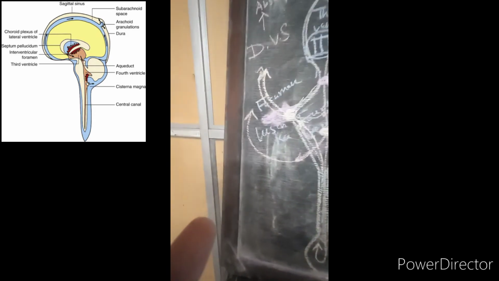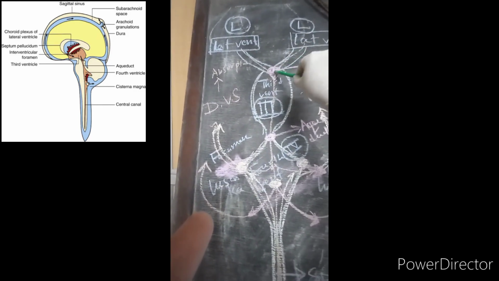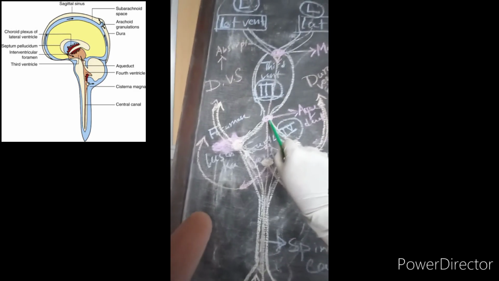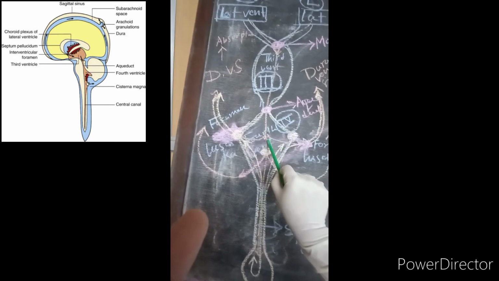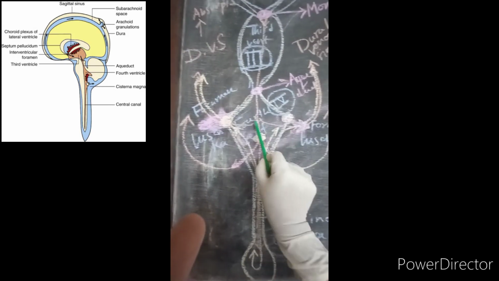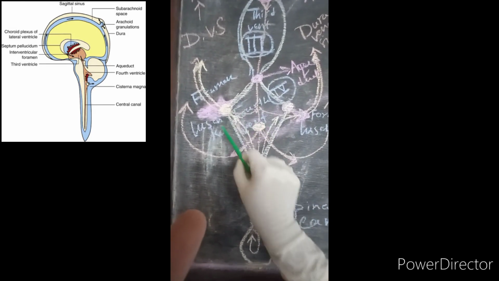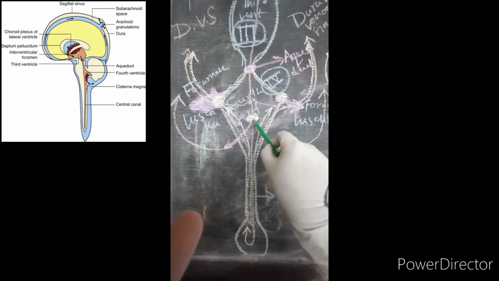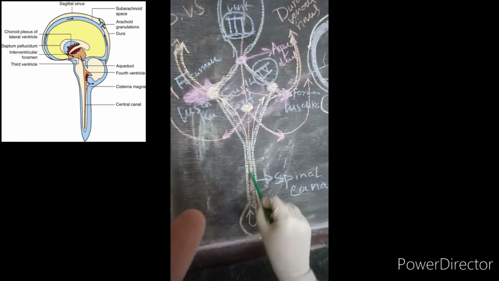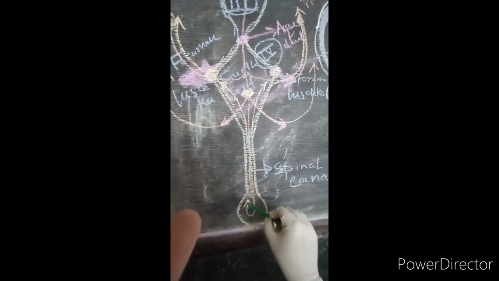So, after formation in the choroid plexus of the lateral ventricle, it goes through the interventricular foramen of Monro into the third ventricle, then from the third ventricle through the aqueduct of Sylvius into the fourth ventricle, from the fourth ventricle it goes through the lateral aperture, that is the foramen of Luschka, and through the median aperture, that is the foramen of Magendie, into the subarachnoid space, that is the cerebellomedullary cistern or cerebellopontine cistern, and again it goes along the central canal of the spinal cord.